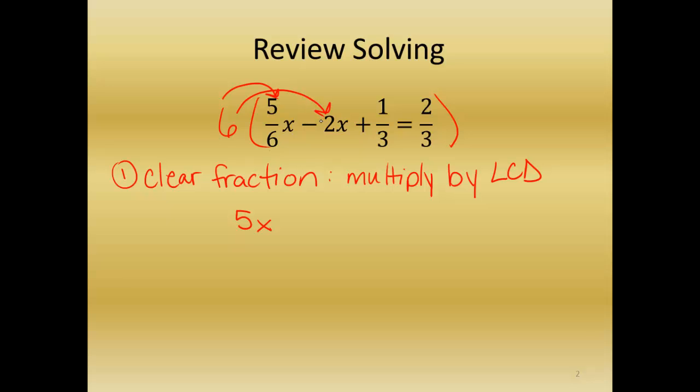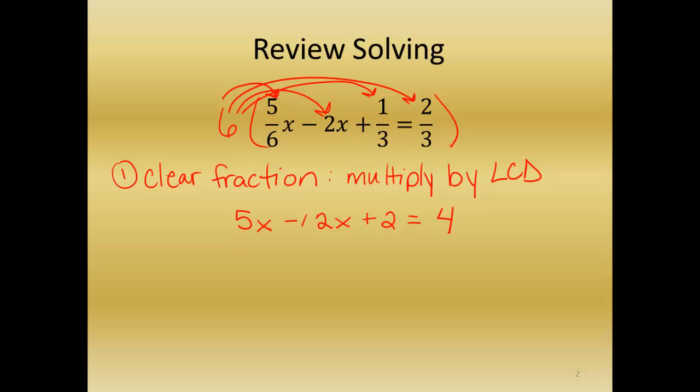6 times a negative 2x is a minus 12x. 6 times 1/3 is 2. And remember to distribute the 6 to the 2/3, and that will be 4.